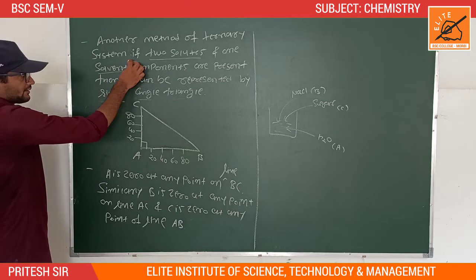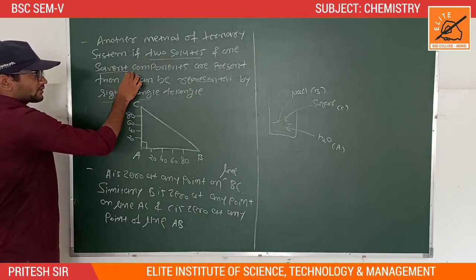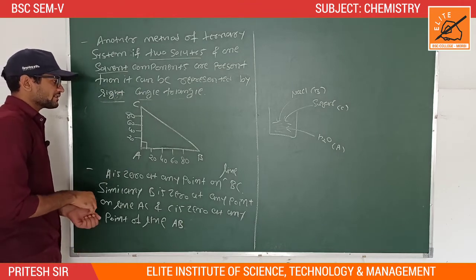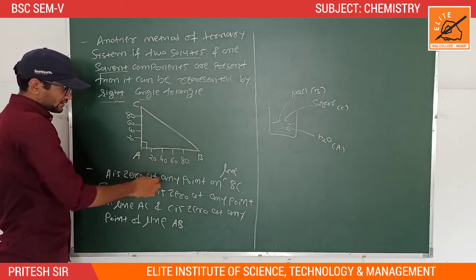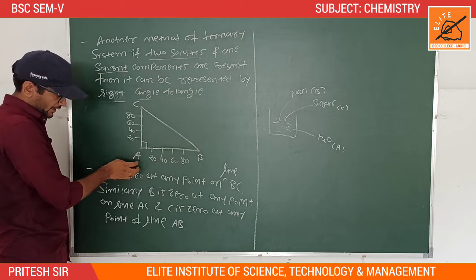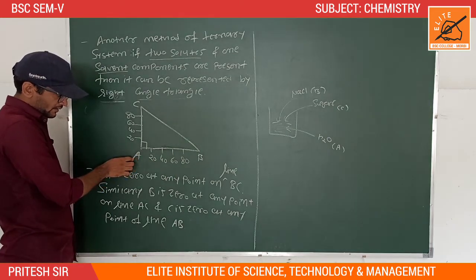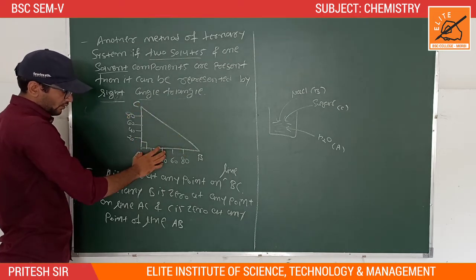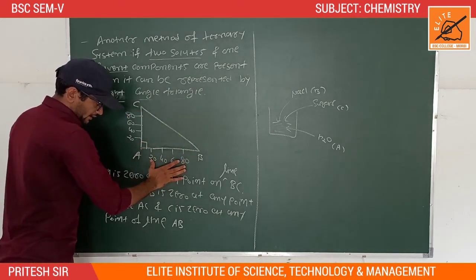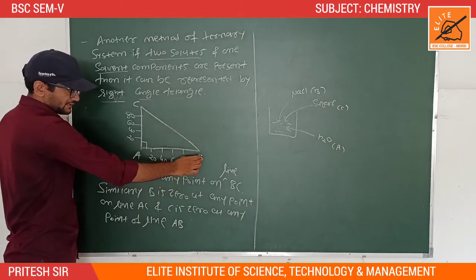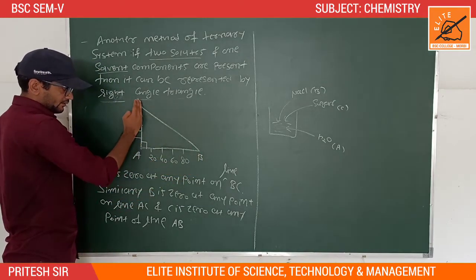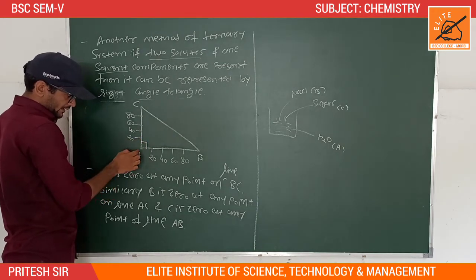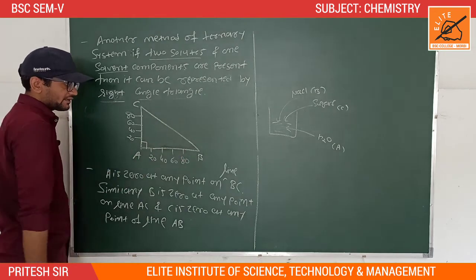So another method for the ternary system: if two solutes and one solvent component are present, then it can be represented by a right angle triangle. Here we can see that the value of component A is 0 on side BC, the value of component C is 0 on side AB, and the value of component B is 0 on side AC. This point indicates the value of A is 20% and C is 80%.